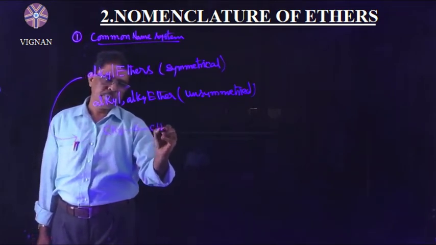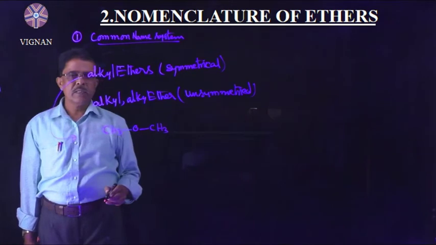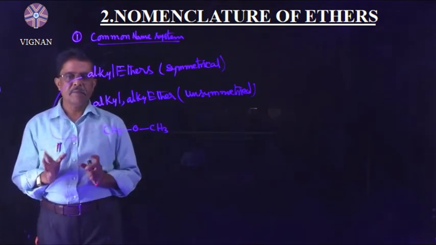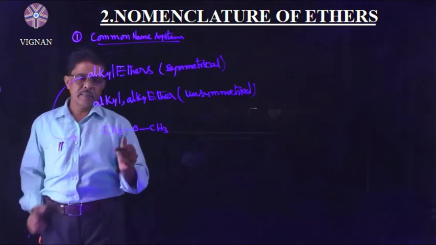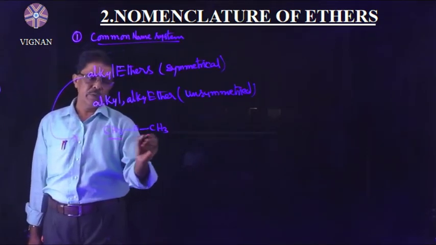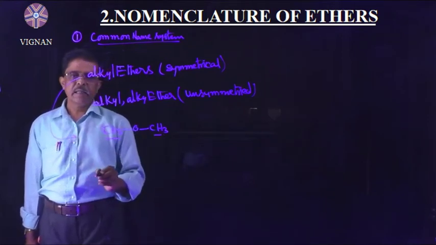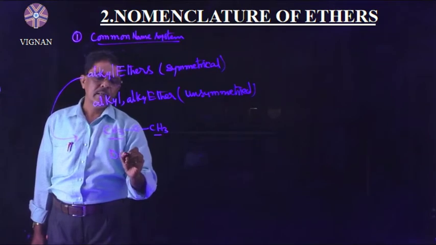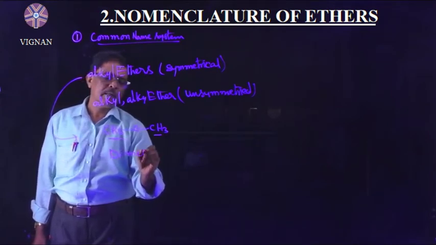CH3OCH3. Both alkyl groups are the same, identical. Then we can say alkyl ether. Two alkyl groups are there, and the alkyl group is methyl. Hence we can say dimethyl ether.